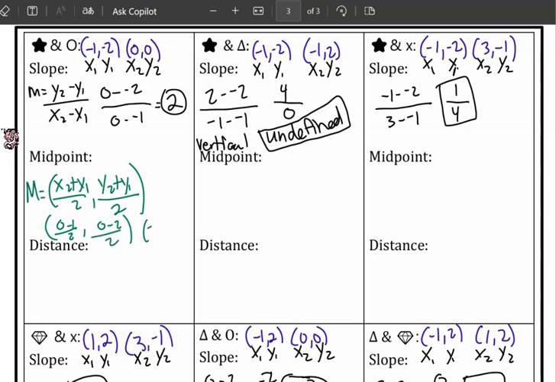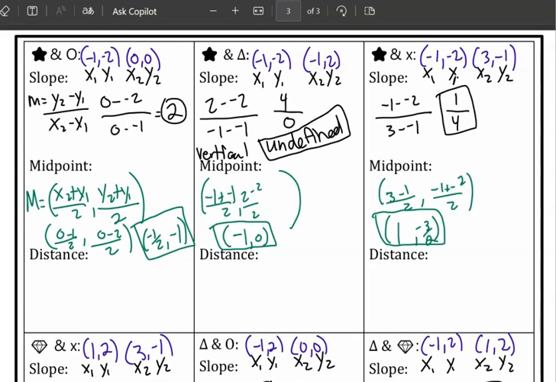We get -1/2, comma, -1. That is our midpoint between these 2 points. Pause the video and find the midpoint for the other points in this set. Are these the midpoints you found?